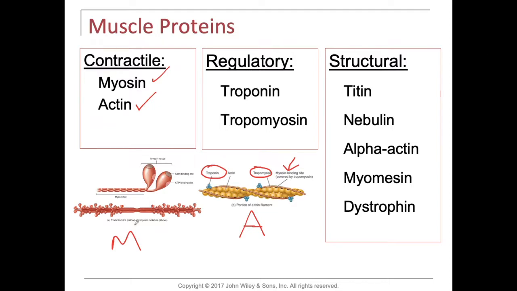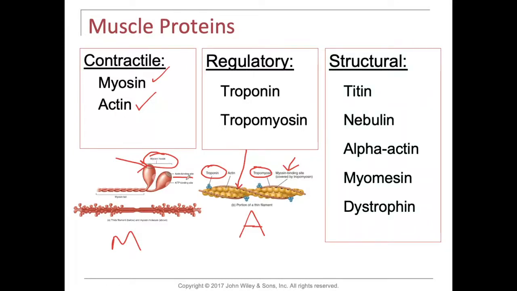Okay. On the left, we have myosin, and myosin has myosin heads. And what needs to happen is that the myosin head needs to make contact with those binding sites on actin. You'll see that on the myosin, it's called an actin binding site because the myosin head has to connect with the binding site on actin.